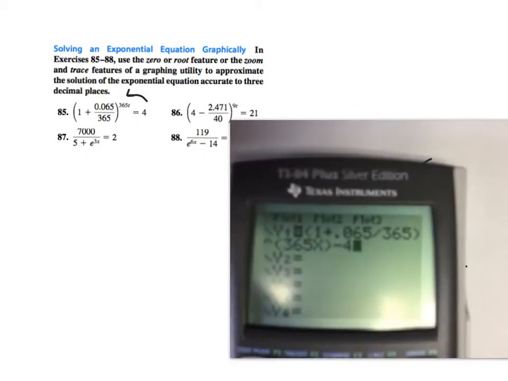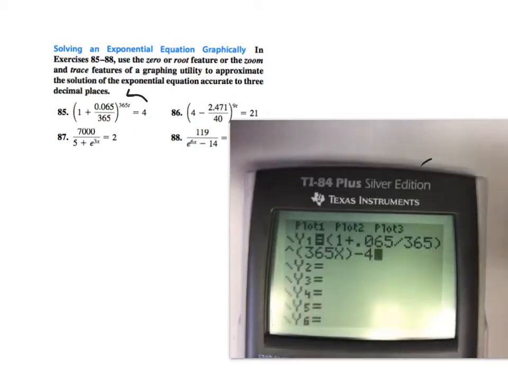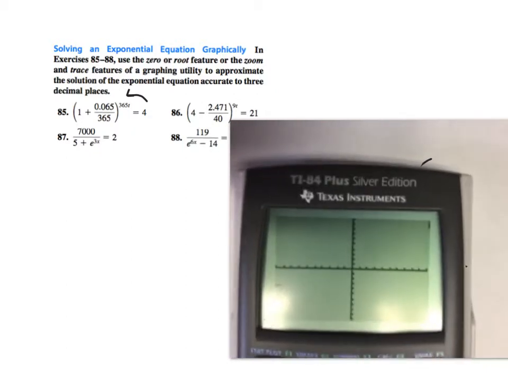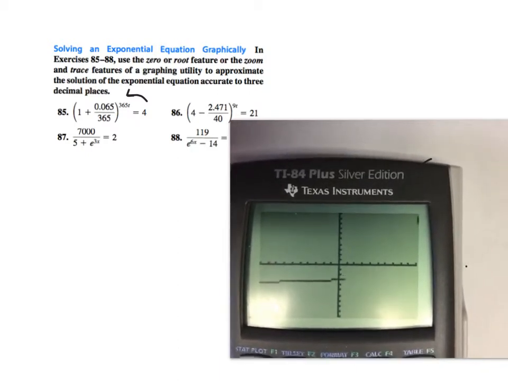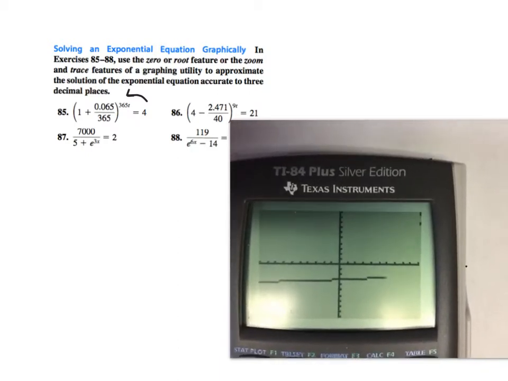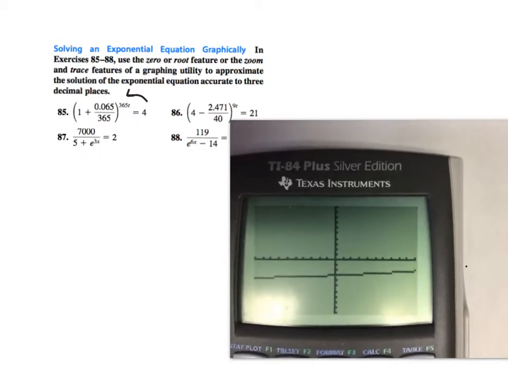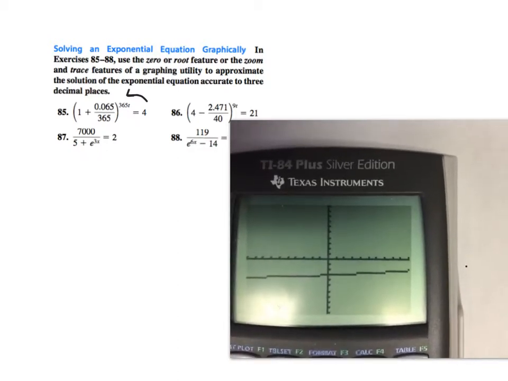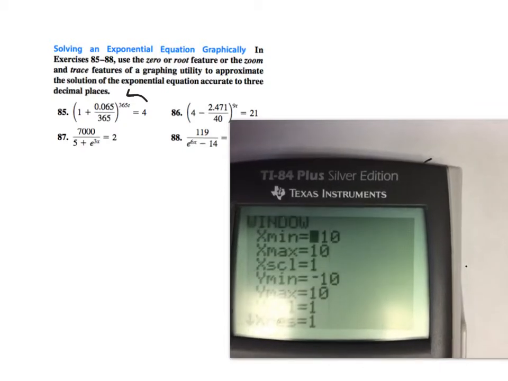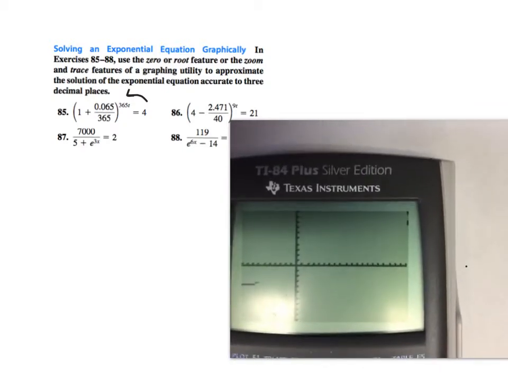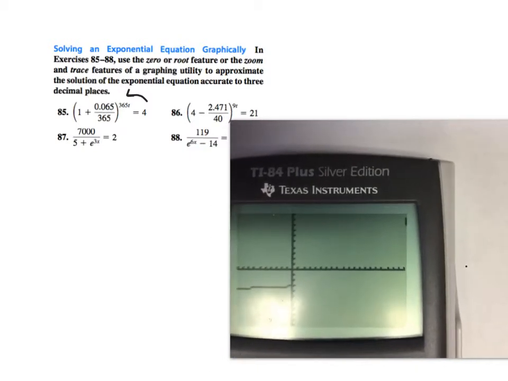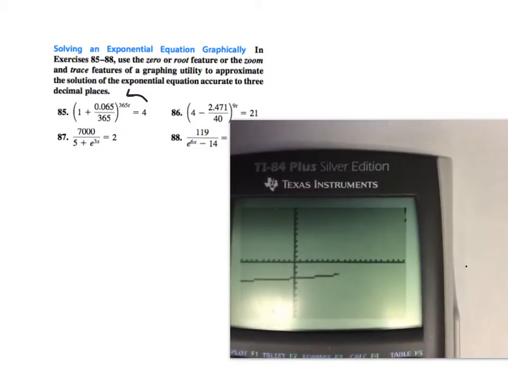All right, so I'm going to actually hit graph and see what this thing looks like. It looks like it's increasing. It looks like my t-value is off my graph, so I have a negative 10 by 10 window. So right now I'm just going to try to expand this, maybe 20. I want to see where the x-intercept location is roughly.